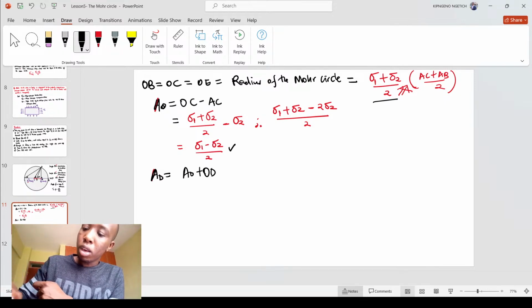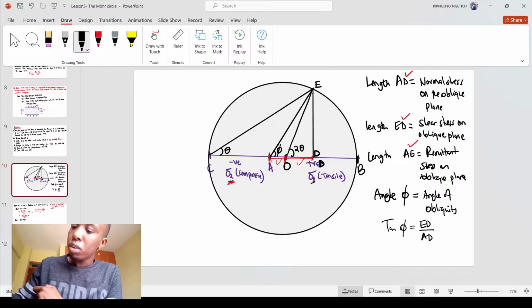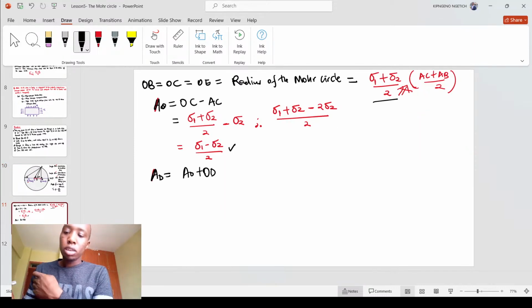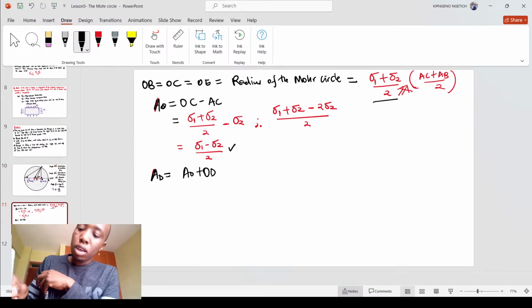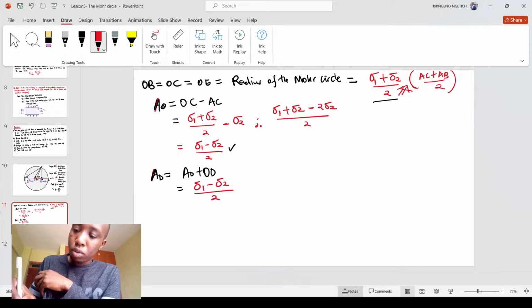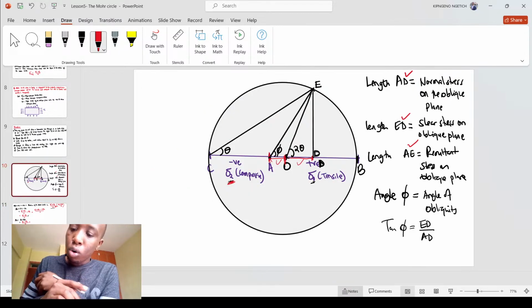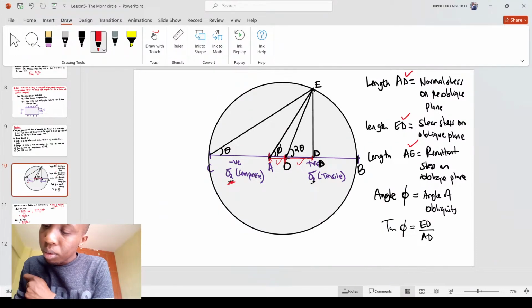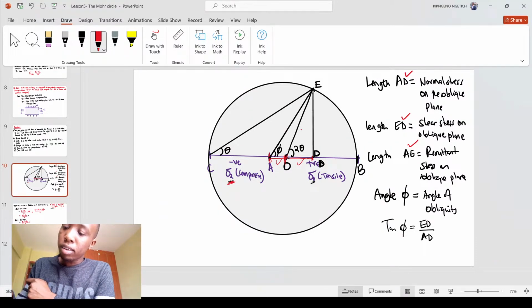We have our AO, our OD. Since we have the radius, we can obtain it through trigonometric equations. AO is stress 1 minus stress 2 over 2 plus OD, which will be, we want the adjacent and we have the hypotenuse, so it will be cos.